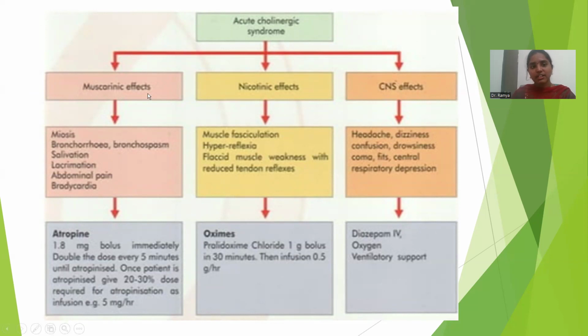In muscarinic effects, I have said SLUDGE. Next, nicotinic: muscle weakness, muscle fasciculations. Next, CNS: headache, dizziness. For muscarinic effects, the antidote is atropine, whereas oxime reverses nicotinic features. For CNS effects, diazepam IV is given, and oxygen and ventilator support is given if needed.